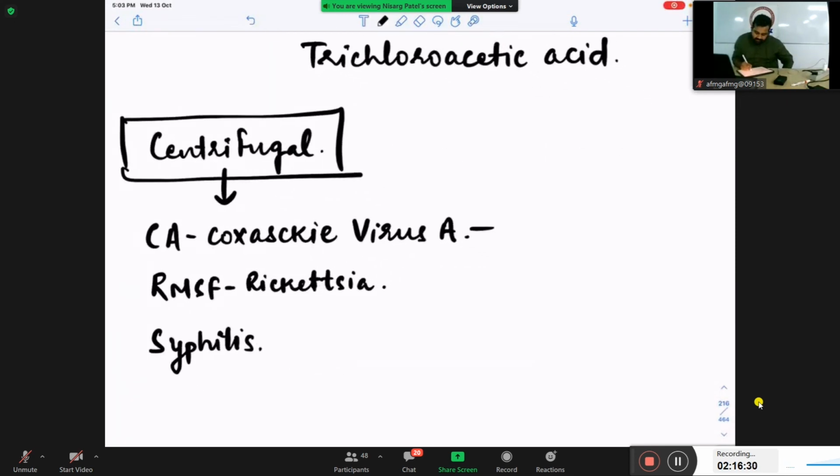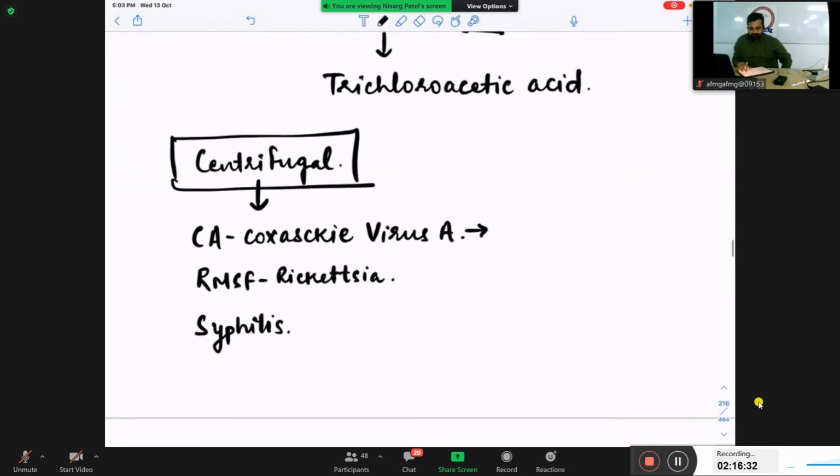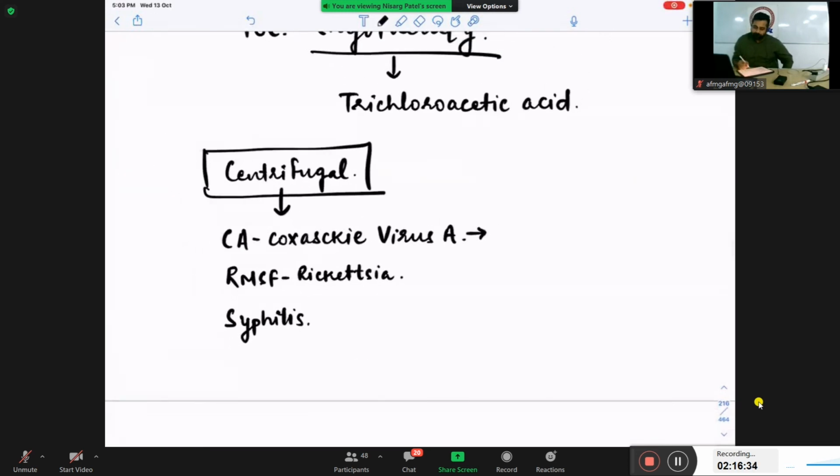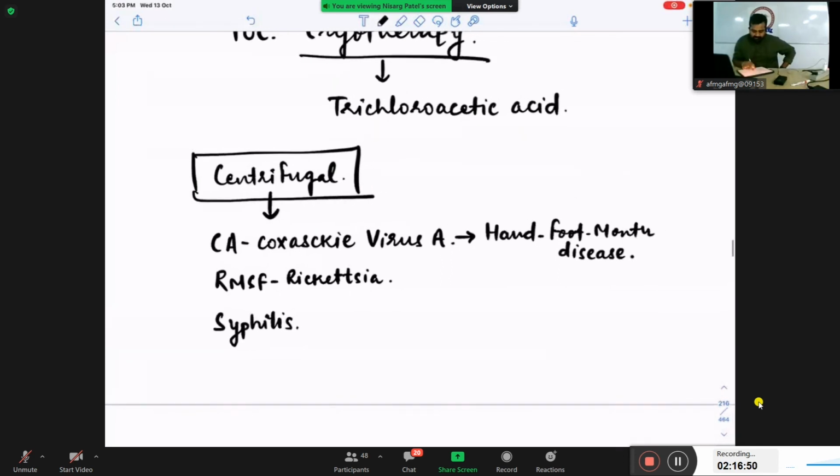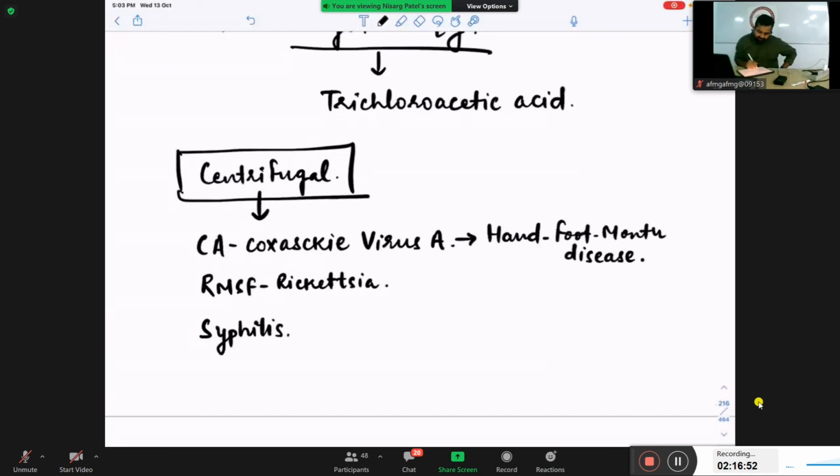Which disease is caused by the Coxsackie virus? The disease which is caused by the Coxsackie virus is hand, foot, and mouth disease. Syphilis कौन करता है?